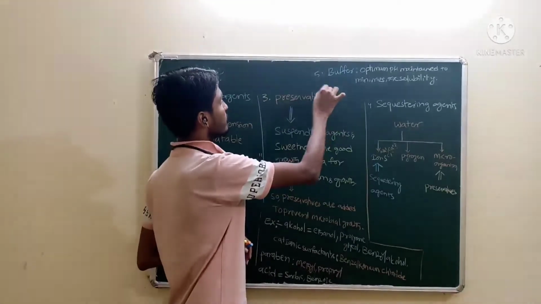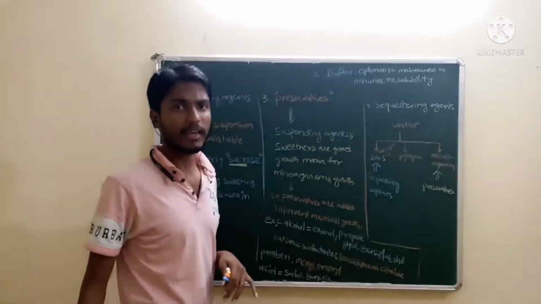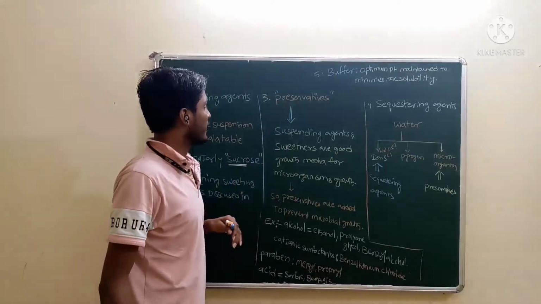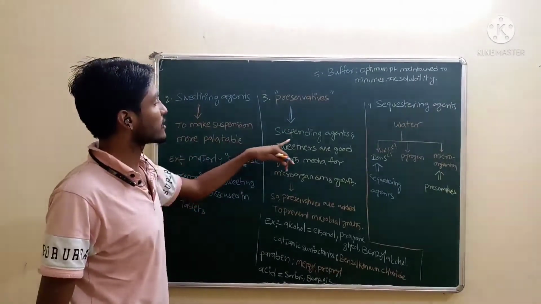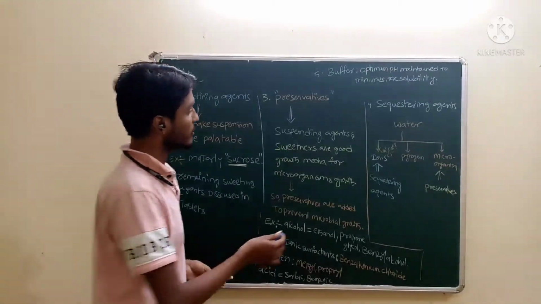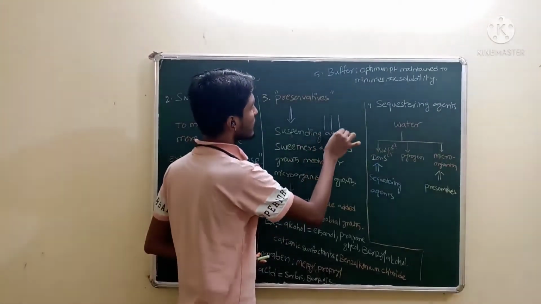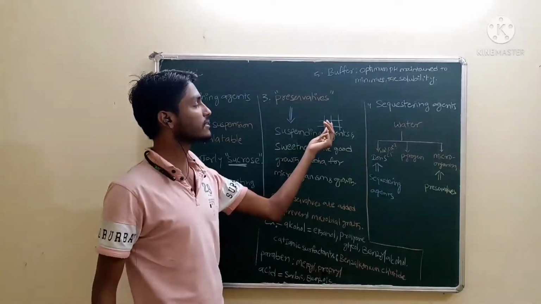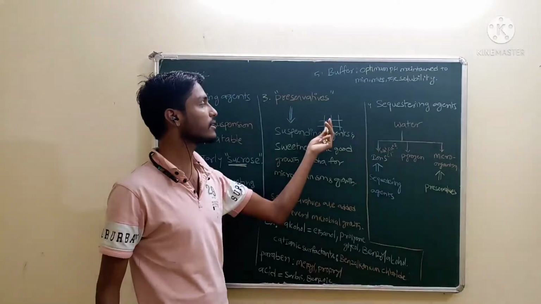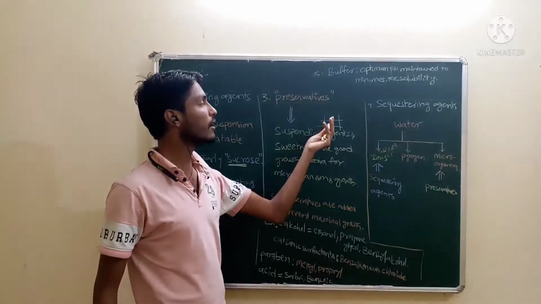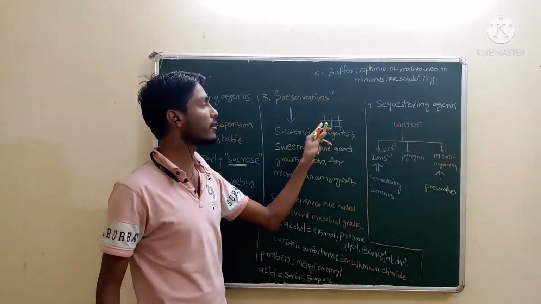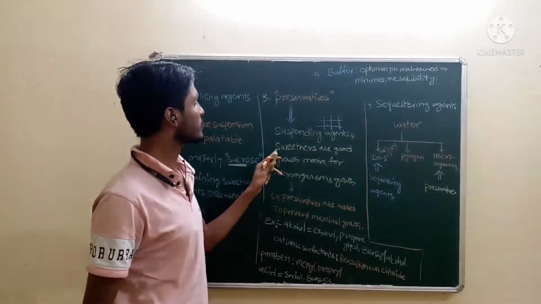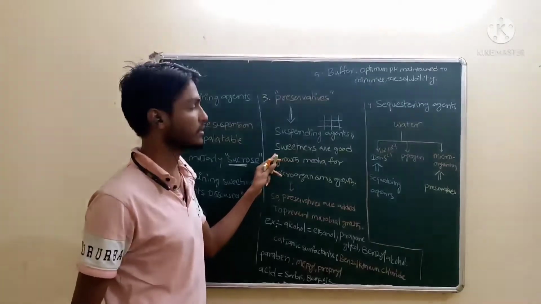Next one is preservative. Why are we adding preservative in the suspension? See, whenever we add suspending agents, we are adding a gel structure to the suspension in order to increase the stability of the suspension. Suspending agents, and sweeteners we are also using in the suspension.